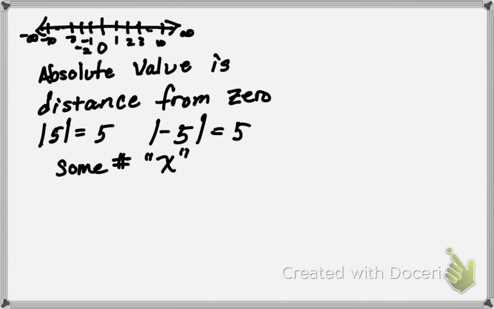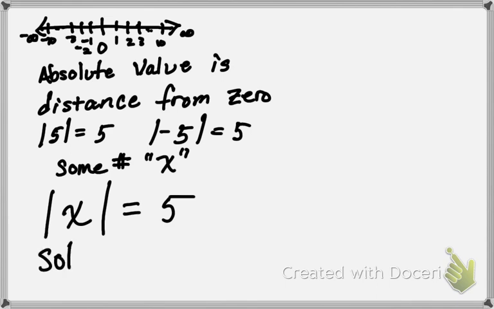When I take that x and perform an absolute value evaluation on it, the answer I get is 5. So if somebody says to me, solve this equation, what they're really asking is, what value for x out of all the numbers in the world is going to work here?